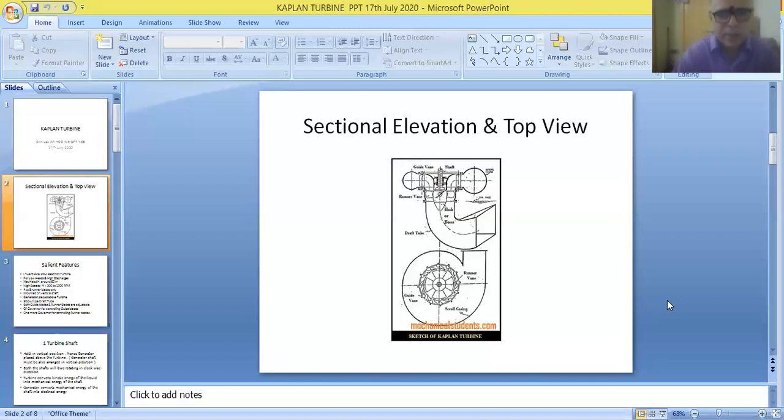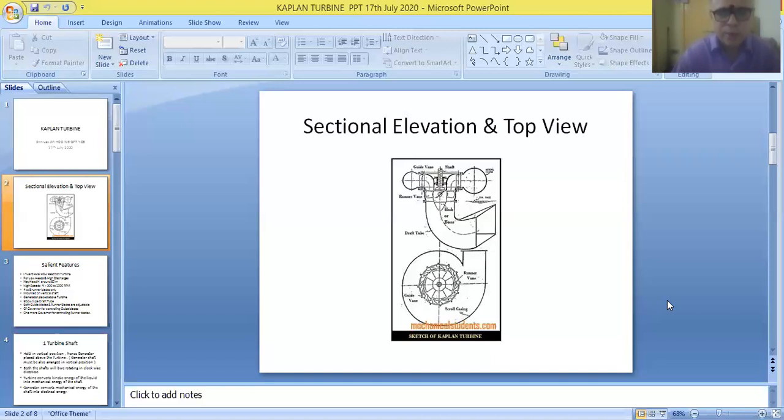And when the turbine needs more quantity of water, the same governor will be opening the blades of the guide wheel mechanism. So this is a wonderful arrangement required for operating the machine.